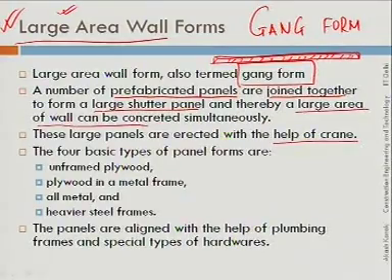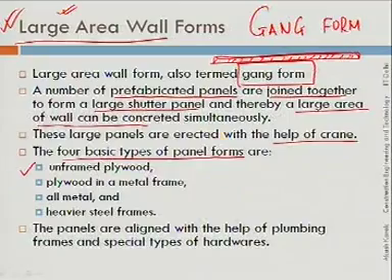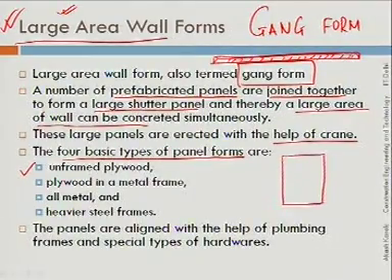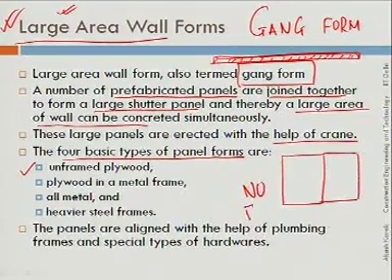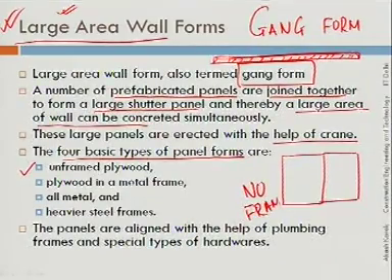There are four basic types of panel forms. They are unframed plywood. That means you will take a single piece of plywood and connect it with another. There is no frame involved. A frame, you understand?